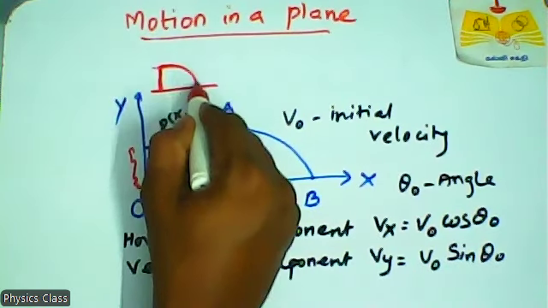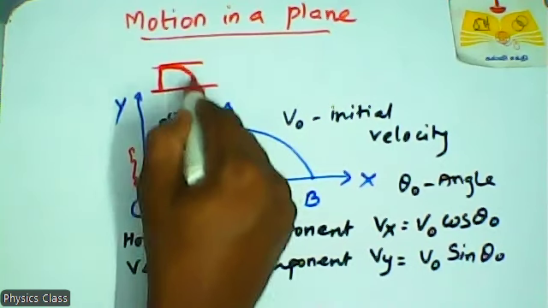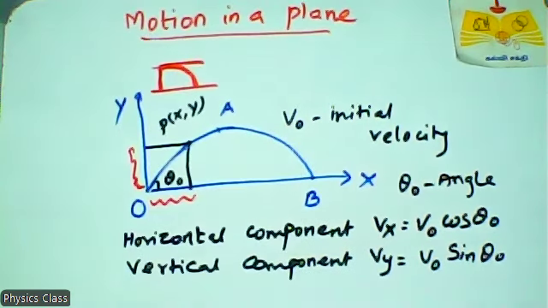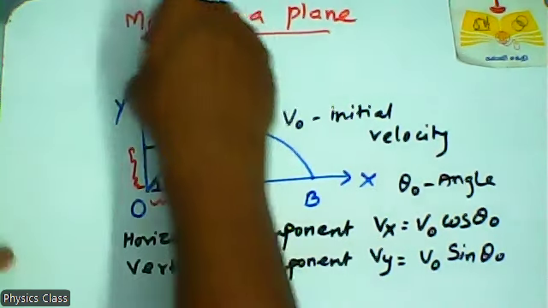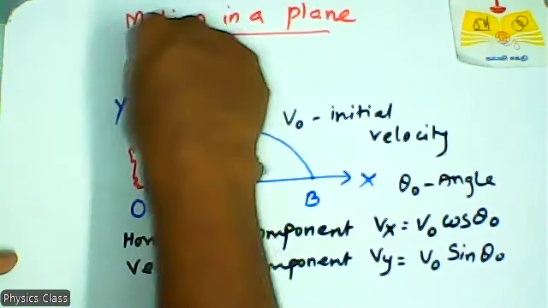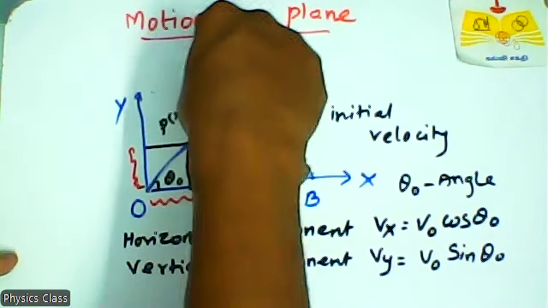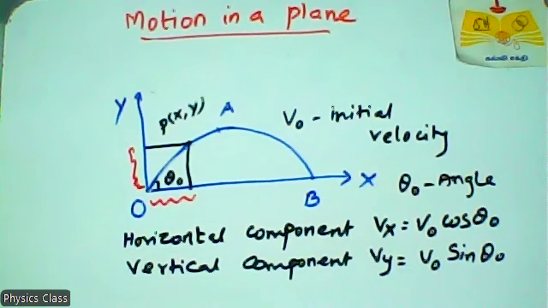Object goes like this. This is the horizontal, this is vertical. Horizontal is constant, but the vertical changes because of gravity. So at every point the object's velocity changes, direction also changes. That's why I am saying that the horizontal component is constant, the vertical component only changes.